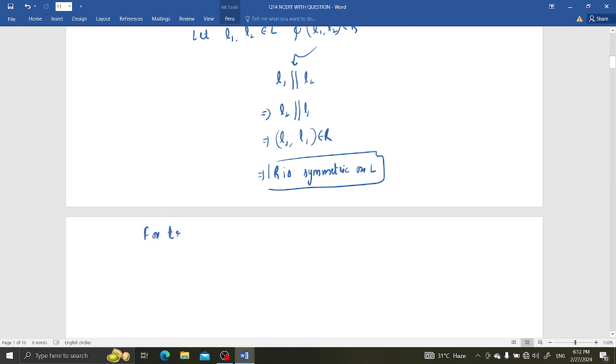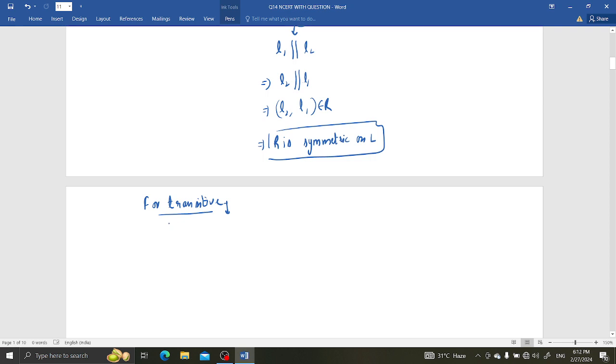For transitive, let L1, L2 and L3 belong to set L, and with one more thing we need to assume. What do we need to assume?